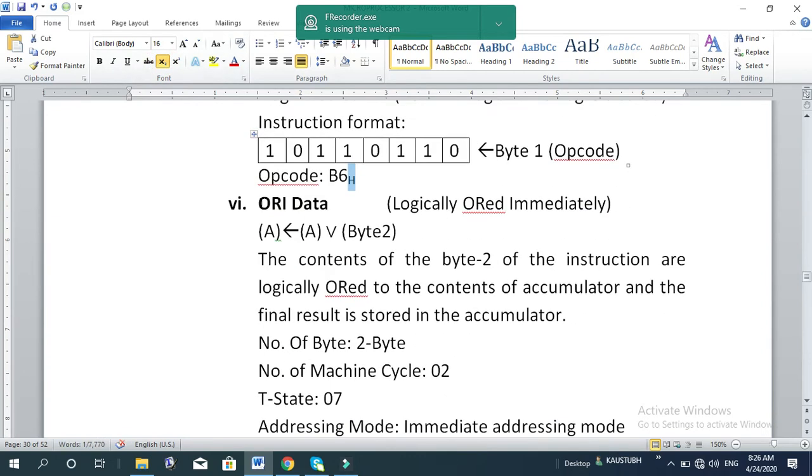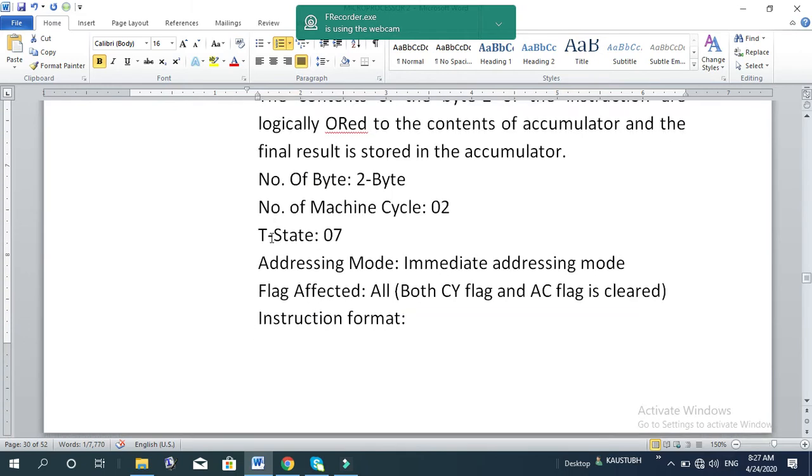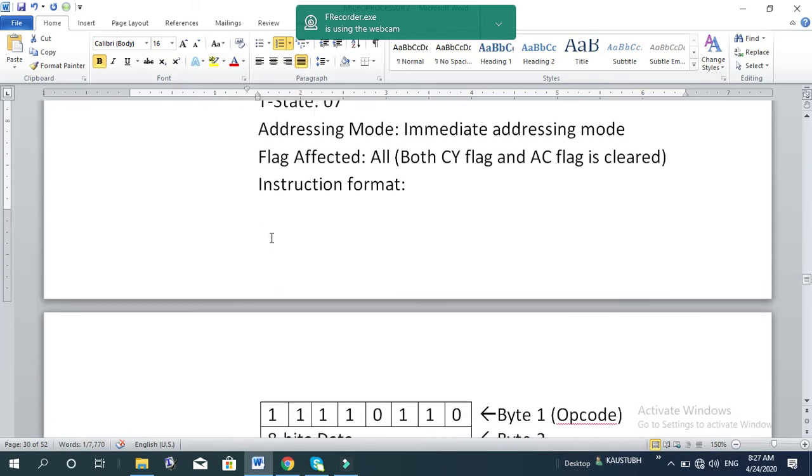Similarly, ORI data logically ORs the immediate data given after the instruction with the content of the accumulator. The content of byte 2 of the instruction is logically ORed with the content of the accumulator, and the result is placed into the accumulator. It is 2 bytes, machine cycles 2, T states 7, addressing mode immediate, all flags affected, but both the carry and auxiliary carry flags get cleared.